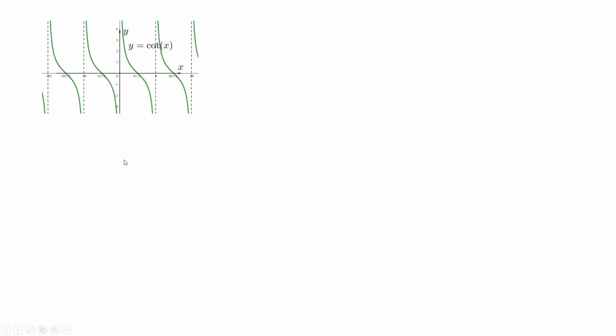It almost looks like tangent, but it is leaning in the opposite direction, and the vertical asymptotes are at 0, pi, 2 pi, 3 pi, 4 pi, and so on. Right? 0, pi, and then negative pi, negative 2 pi. Basically, these are integer multiples of pi.